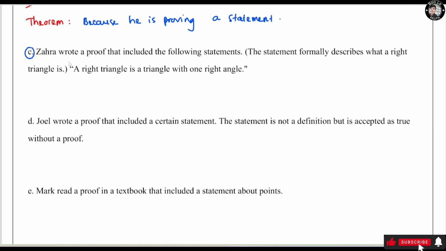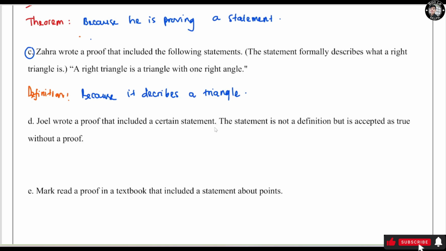Now question C. Zara wrote a proof that included the following statements. The statement formally describes what a triangle is. A right triangle is a triangle with one right angle. This one is actually a definition, right? Because it describes a triangle. Now question D. Joel wrote a proof that included a certain statement.